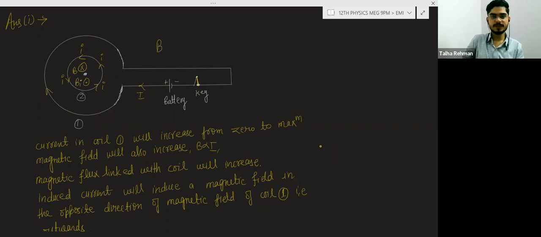V suffix I is the induced magnetic field. And small i is the induced current.